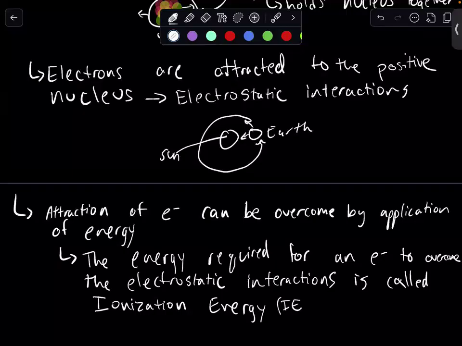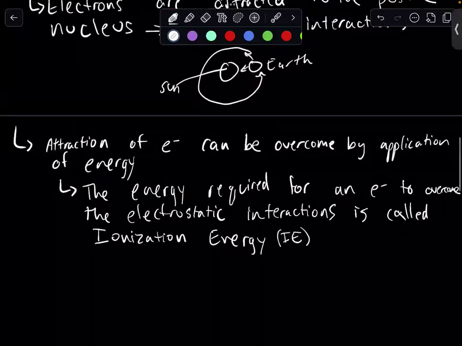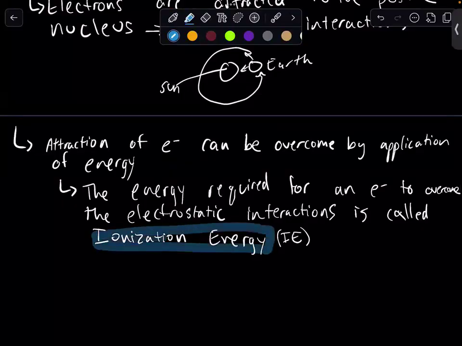I will be shortening that to capital I, capital E. So it is called our ionization energy. Alrighty.